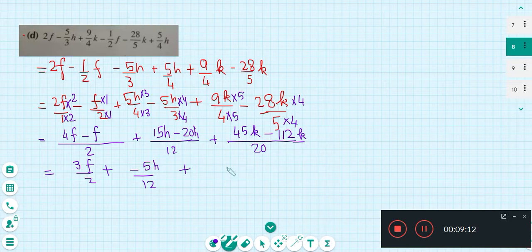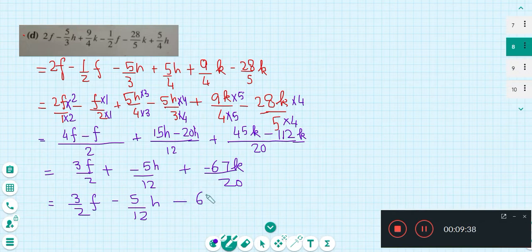So 112 minus 45 is 67, negative 67k over 20. Okay, simplifying it, 3 by 2f, this plus into minus gives you negative sign, 5 over 12h, plus into minus, minus 67 over 20k. So this is your final answer.